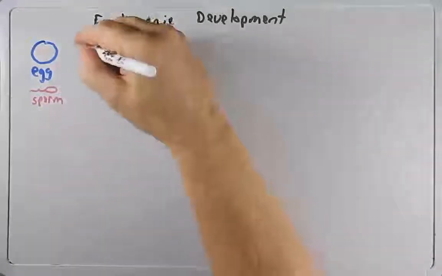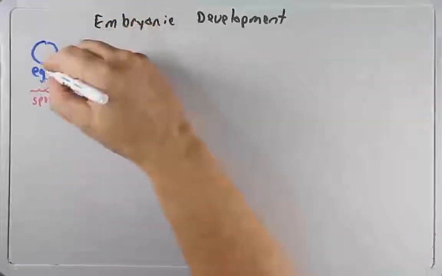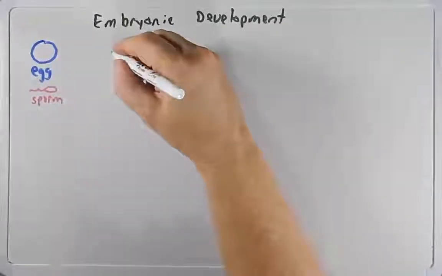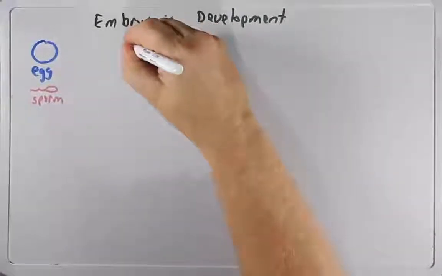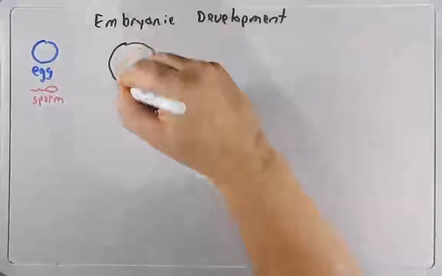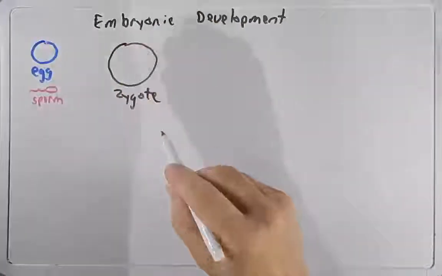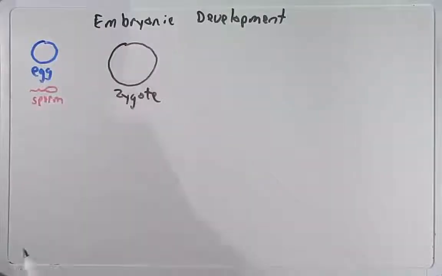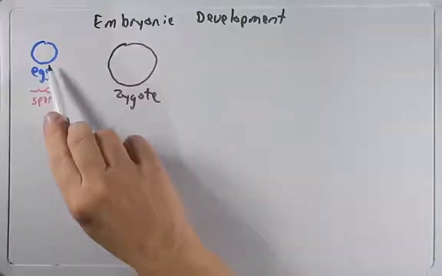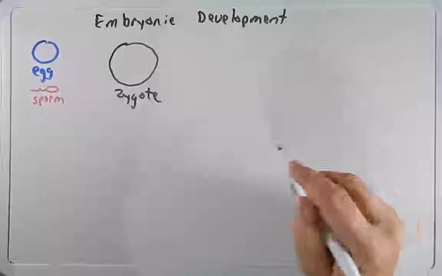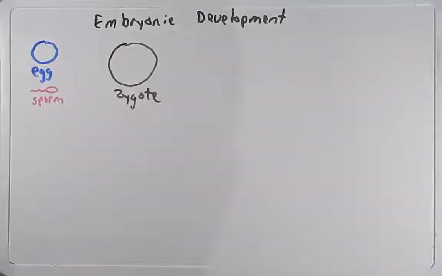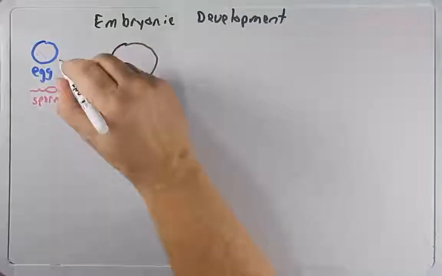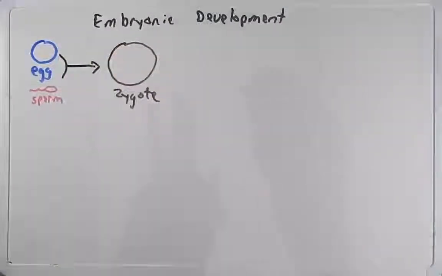Here we're going to pick that story back up again and talk about how when the sperm fertilizes the egg, we form this single-celled zygote. I drew this bigger than I should have because the zygote is really no bigger than the egg that was used to make the zygote. But I'm going to need a little bit of space to draw inside of the zygote as it develops through embryogenesis.